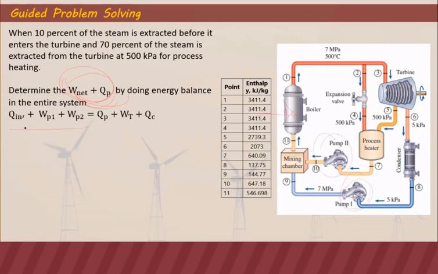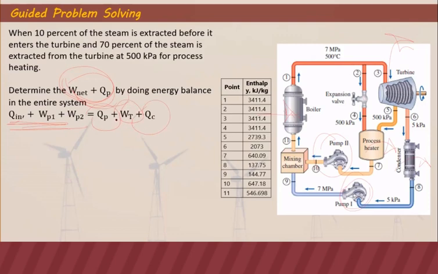That's what we have here. And the energy out is the turbine because it's producing work, plus the process heat because it's giving heat away also, and the condenser because it's rejecting heat. So those are Q out.